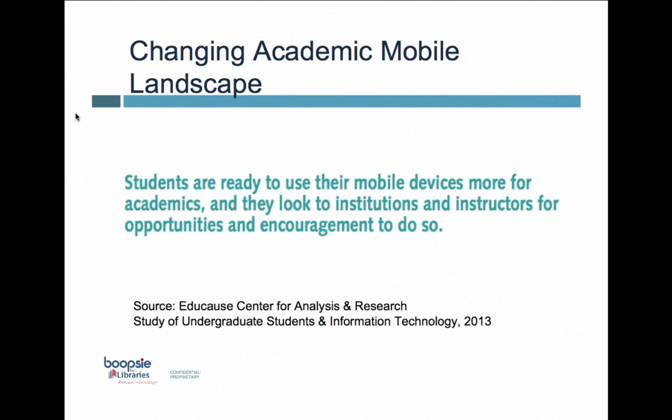It's a question on the top of everybody's minds: how to reach students in a way that they're accustomed to, because more and more they're accessing information on mobile devices in a very intuitive, easy-to-use way. They're used to accessing information at the tap of a button. And the question is, how can you bring your library's resources and some of your functions to your students?